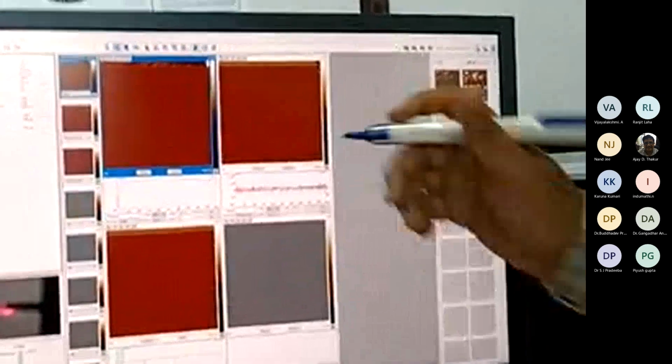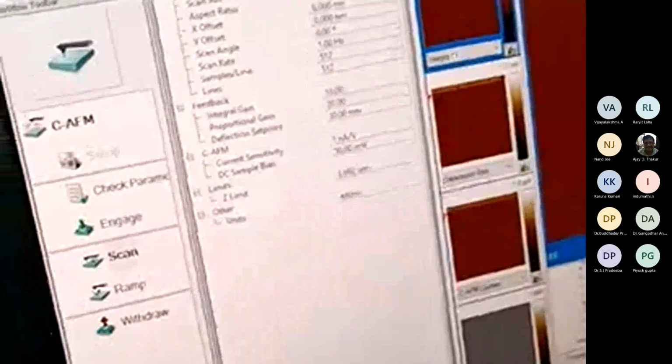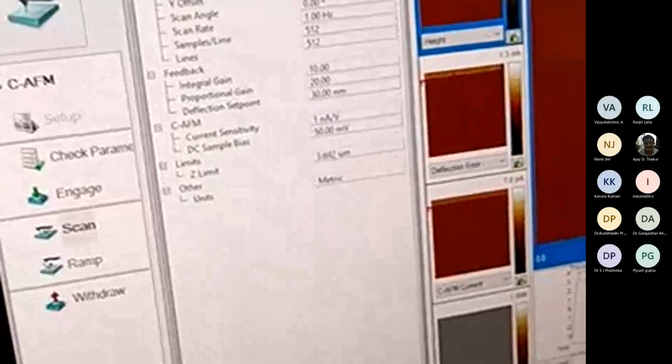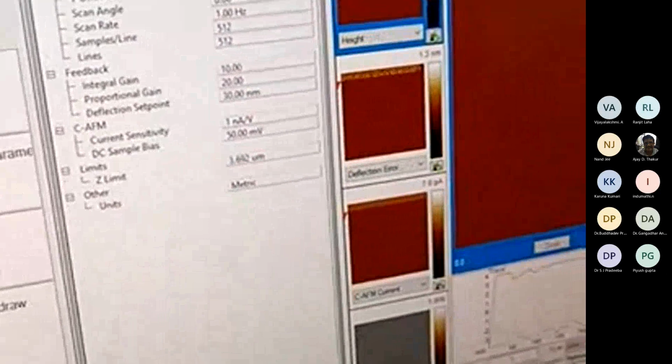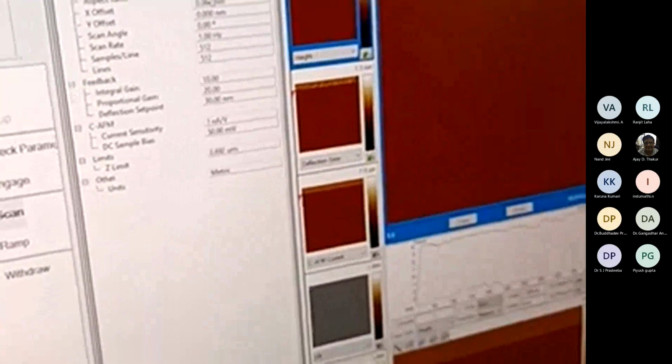See, there are some parameters here. When we start scanning, the first thing is scan size. Here we have put scan size 500 nanometer by 500 nanometer, and aspect ratio means it is square, so aspect ratio is 1, meaning length upon width.